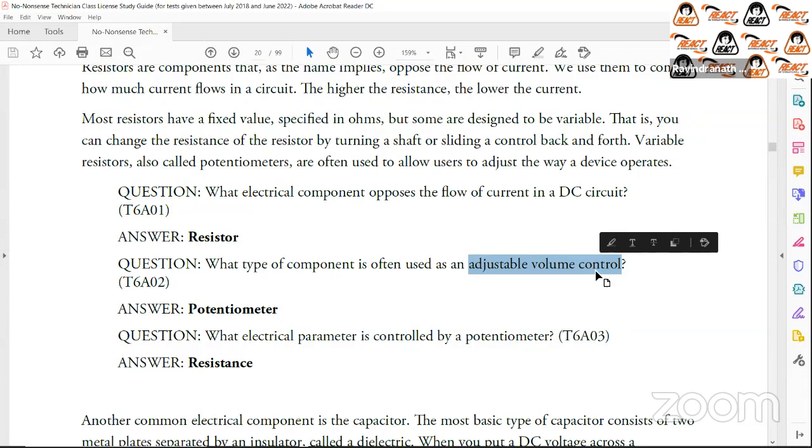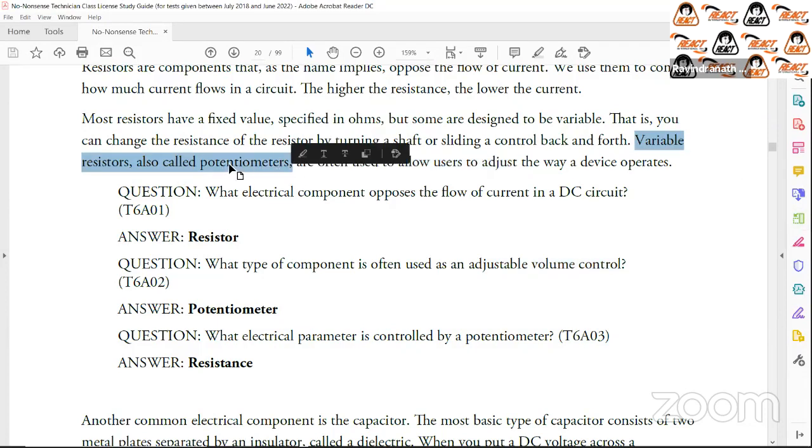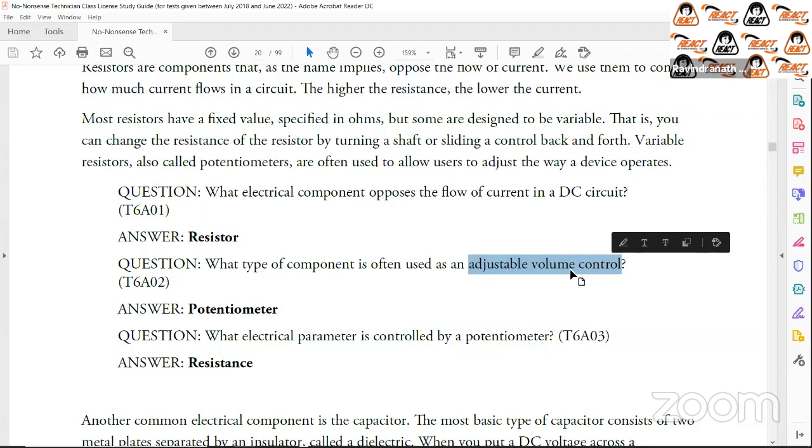And what we said is another name for a variable resistor, we said it was a potentiometer. So therefore, what they're asking us is the component that is used to adjust the volume control. It's an adjustable or a variable resistor. And the term for a variable resistor is a potentiometer. That's how we get that answer.